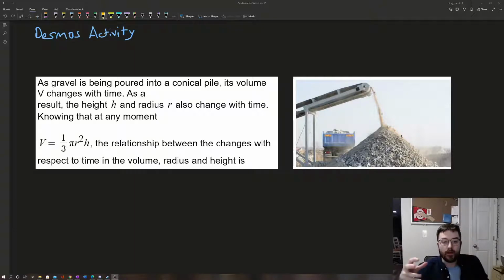It's creating a cone as it grows. So its volume is going to change according to the amount of gravel we pour on it. So the height also changes and the radius also changes, and they're all bound together by this relationship.